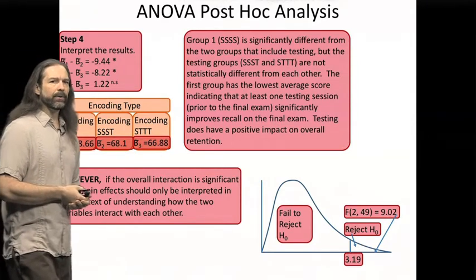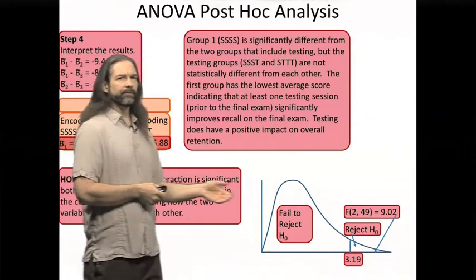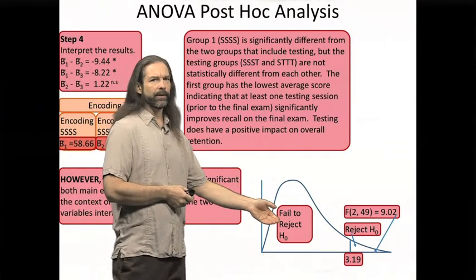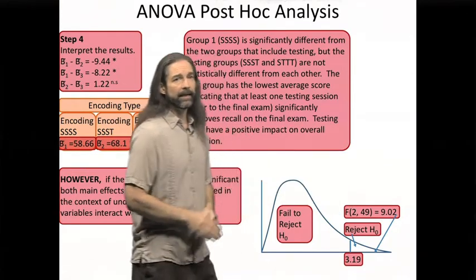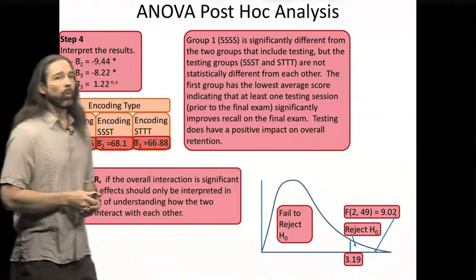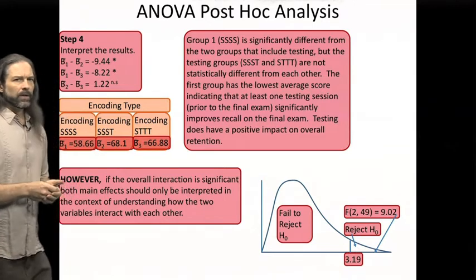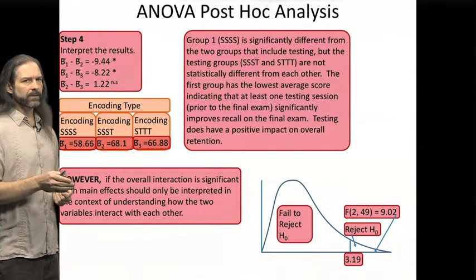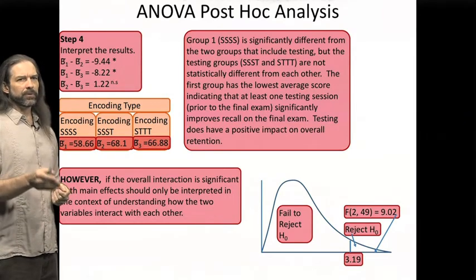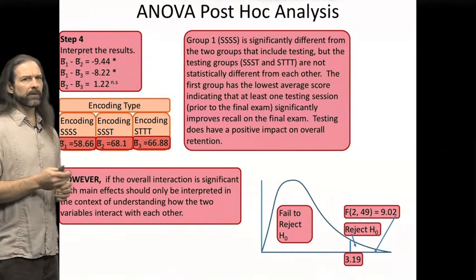So our interaction, the critical value again for 2,49 is 3.19. We did have an F value of 9.02, indicating that our interaction was significant. So we now must interpret those main effects in context of understanding the interaction, and because those two variables are interacting together.